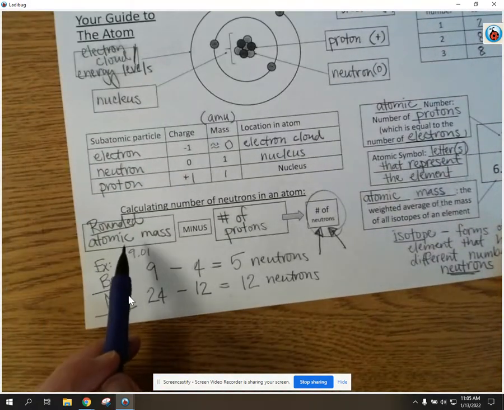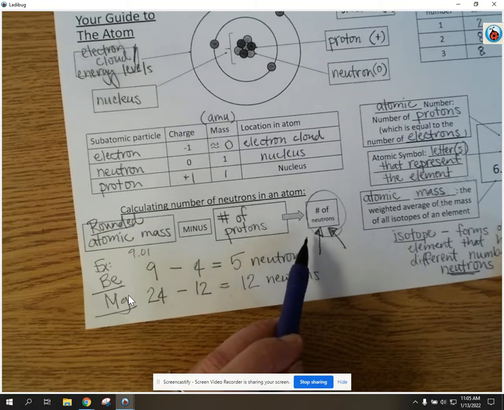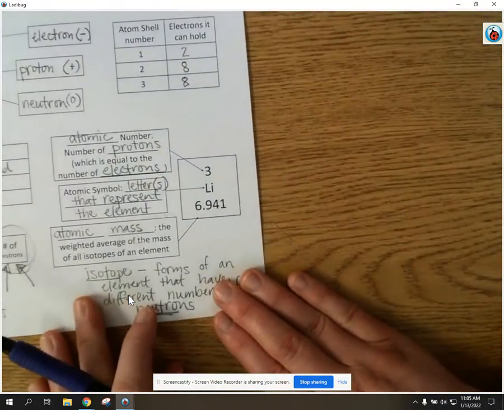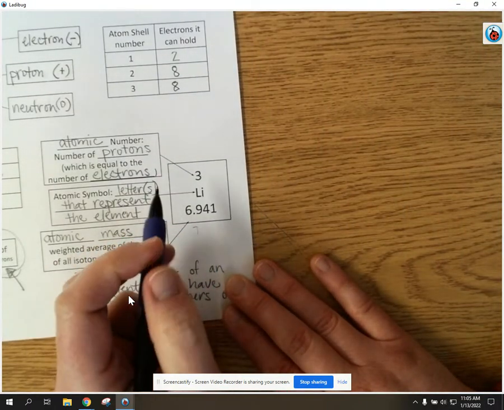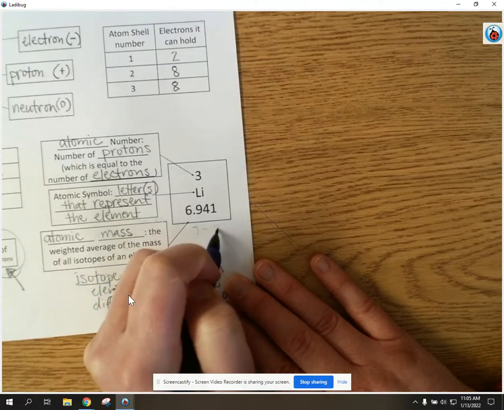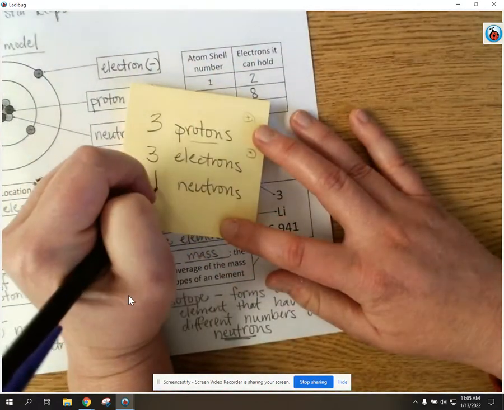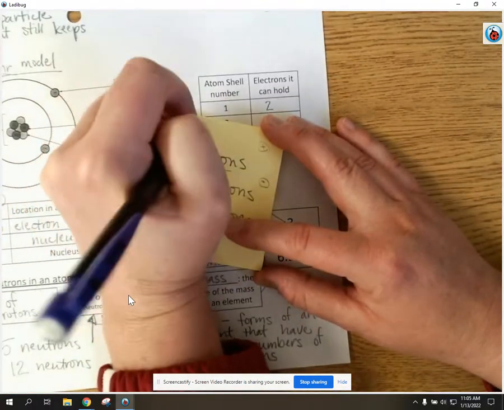So we round it, we subtract the number of protons, and we get the number of neutrons. So if we were doing lithium, 6.9 would round to 7. We subtract the number of protons, and it must have 4 neutrons. So this is lithium that we're talking about.